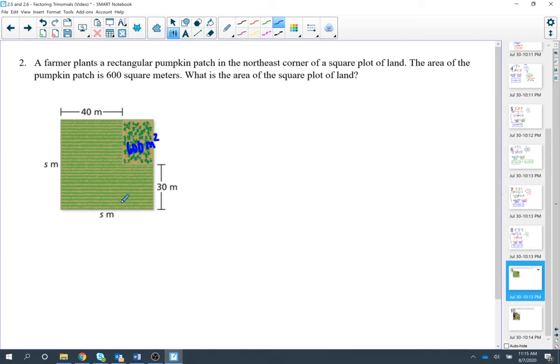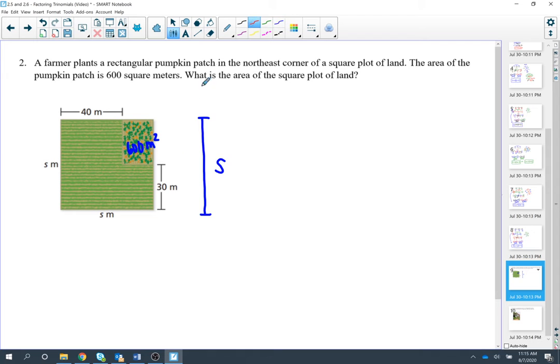So I'm going to take a look at this, and I'm going to go, okay, well, I know the whole side is S. So I know this whole side over here is S. And I know right here is 30.